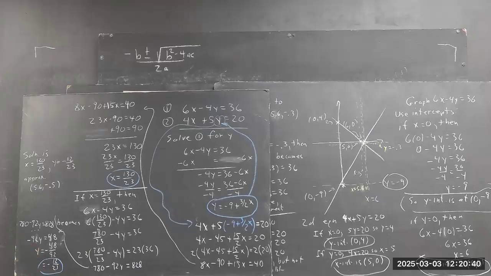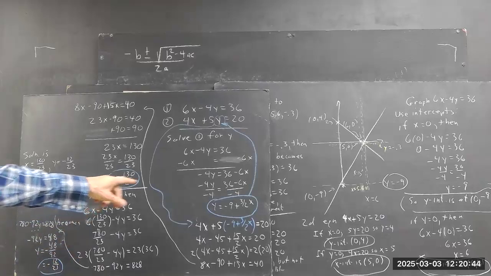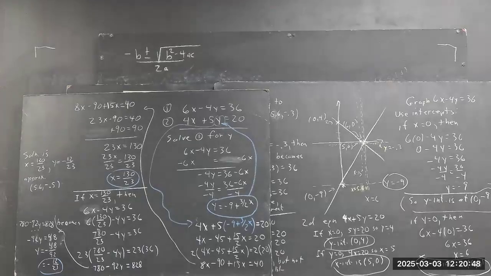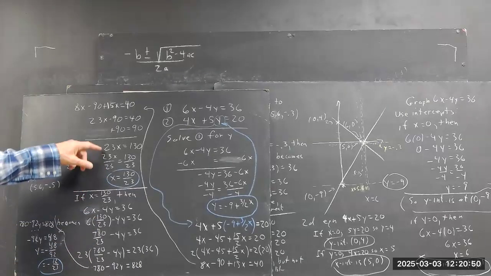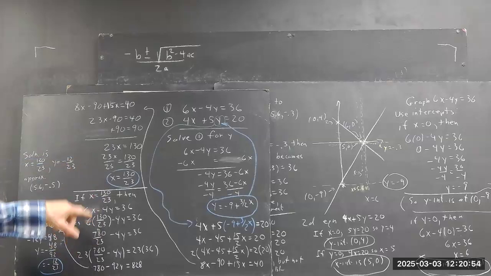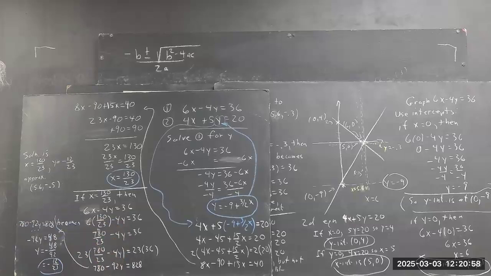which comes out pretty close to my estimate, 5.6. Okay. Then we take that value of x and plug it in for x and solve for y. And when we do that, pretty sure this is right.